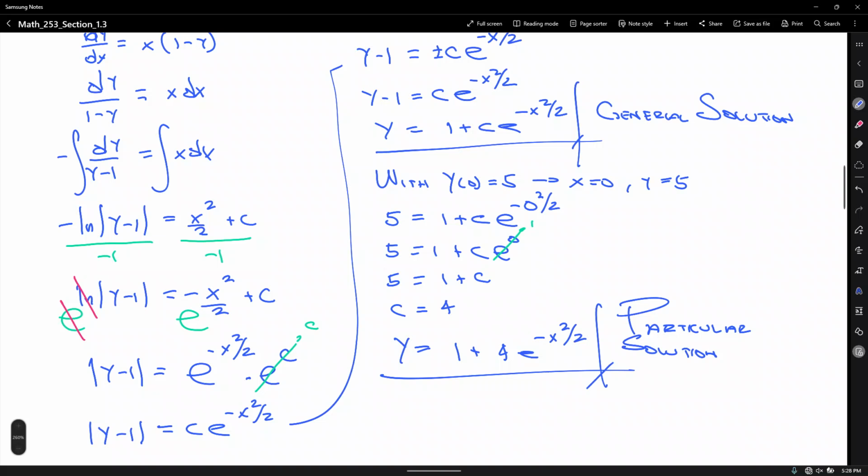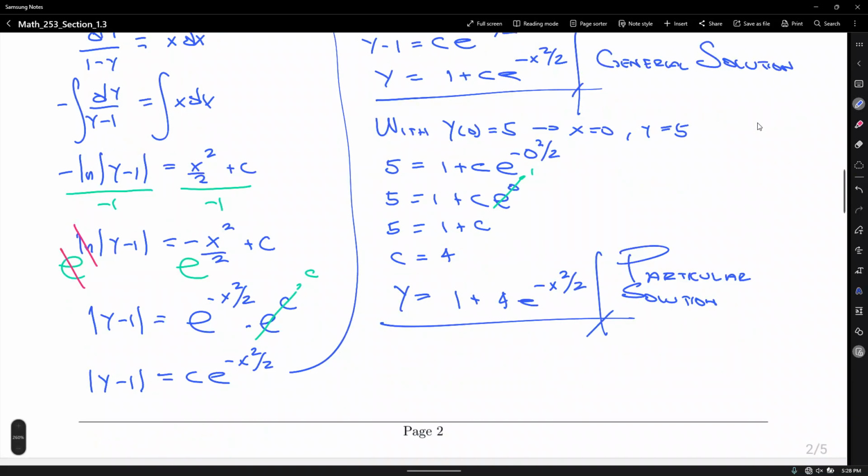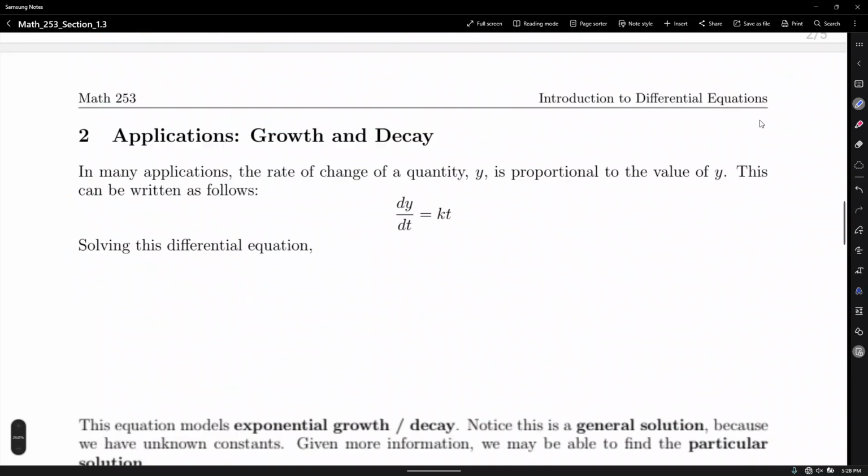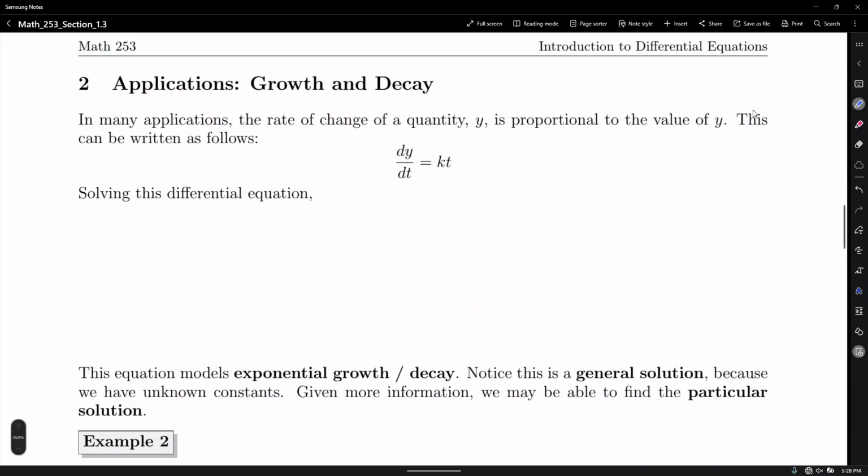So let's see what's next. Yes, applications, growth and decay. Well, these applications actually are going to look exactly like what you did in pre-calculus or college algebra. And even in calculus 2, when you get to solve differential equations, you get a little bit into growth and decay.